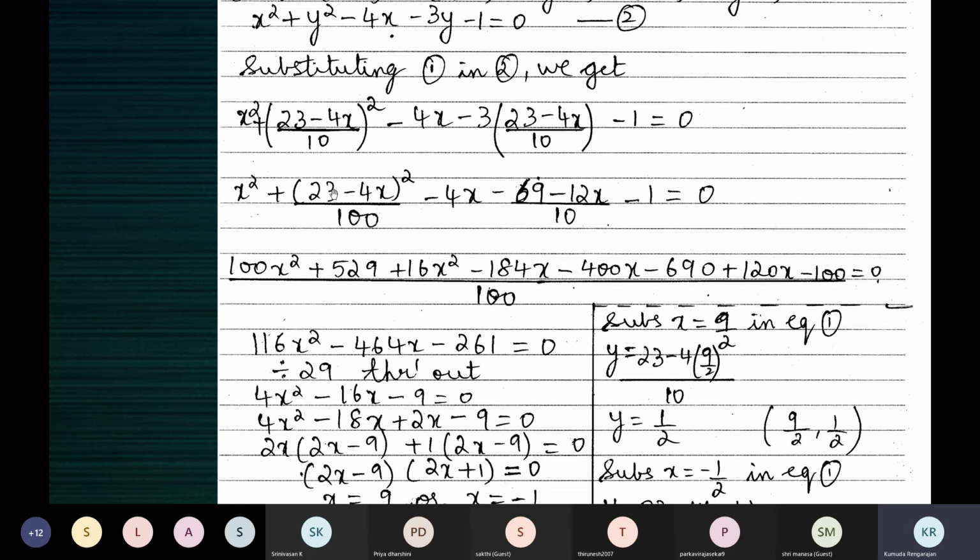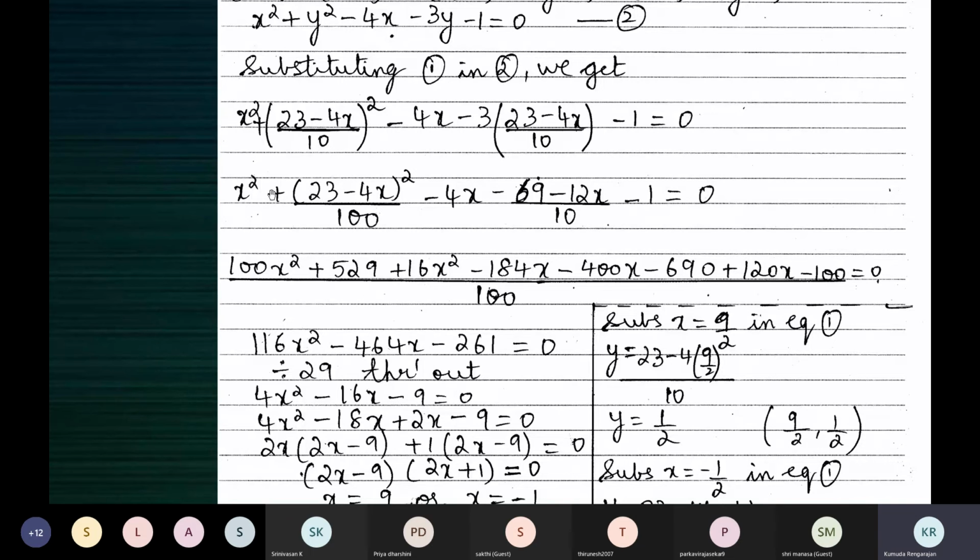And minus 2ab will give you this. Minus 2 into 23 into 4x will give you this. And then here it is minus 4x by 1, so you should multiply by 100, minus 400x.